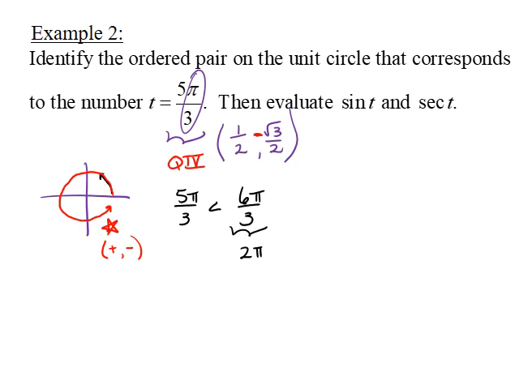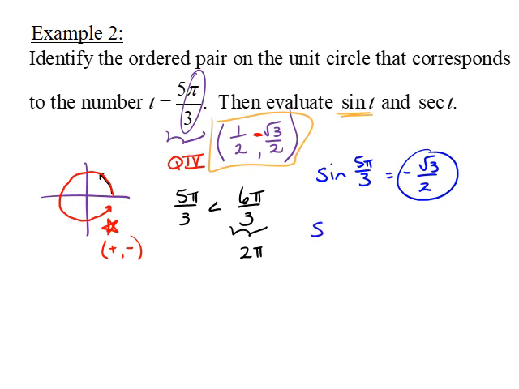So this ordered pair will help me answer anything else I need to know about 5 pi over 3. First, I want to find sine of t. Remember, the second coordinate is associated to sine, so sine of t, and t in this case is 5 pi over 3, is equal to negative root 3 over 2.